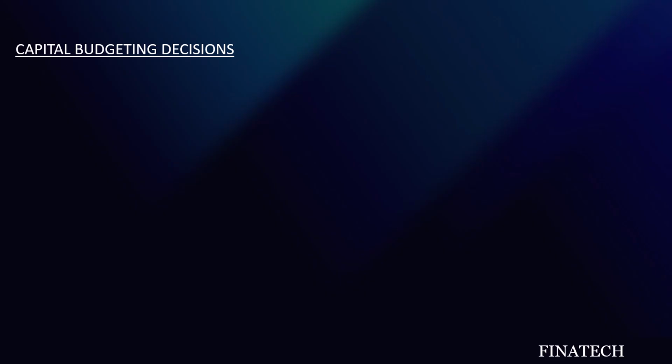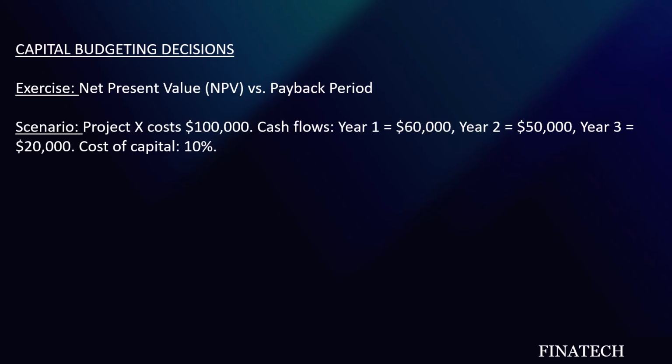how to calculate a budgeting and how to take a decision on it. NPV, net present value, versus payback period. This is another scenario. Project X costs $100,000.